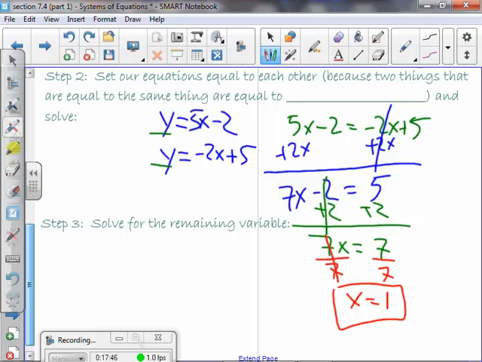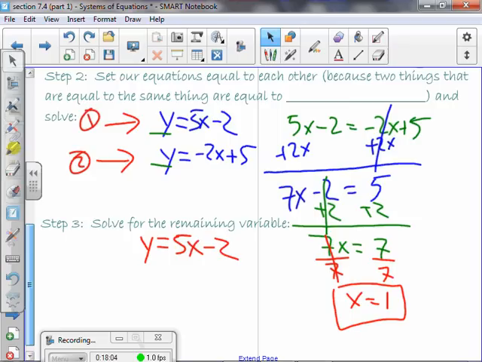One more step left, and that is to find the easier of these two equations, there's equation 1, equation 2, and solve for the remaining variable. Well, equation 1 looks just a little bit easier, so I'm going to use that. y equals 5x minus 2. And I know what x is, so I'm going to plug it in. x is 1, so that goes in right here.